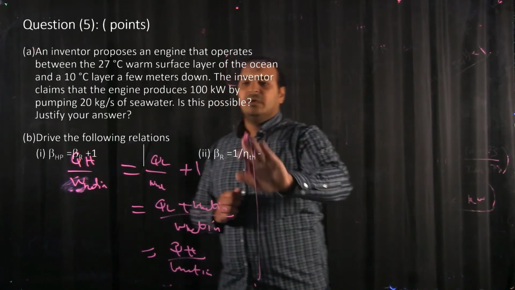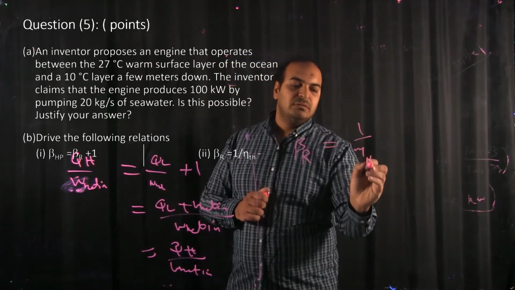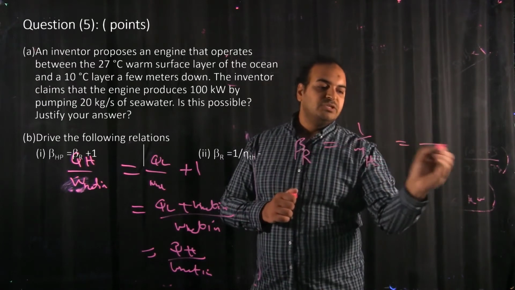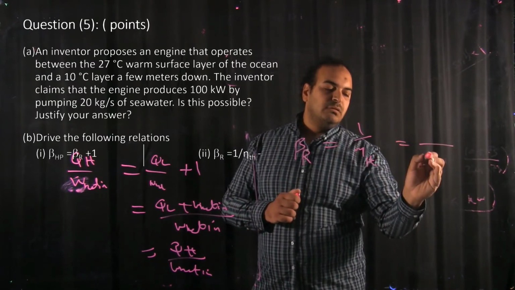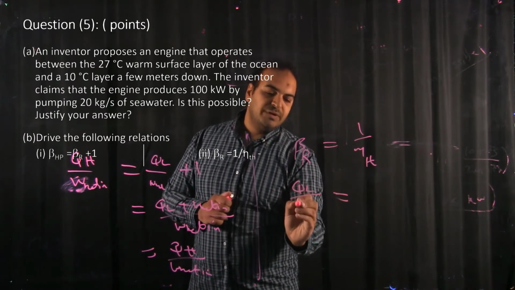Part B, prove that beta refrigerator is 1 over eta thermal minus 1. Eta thermal is just this one, output over input.